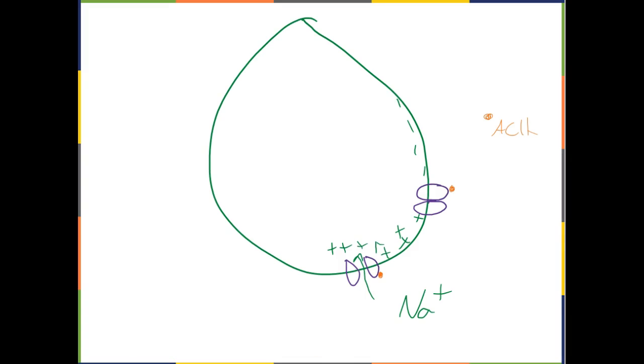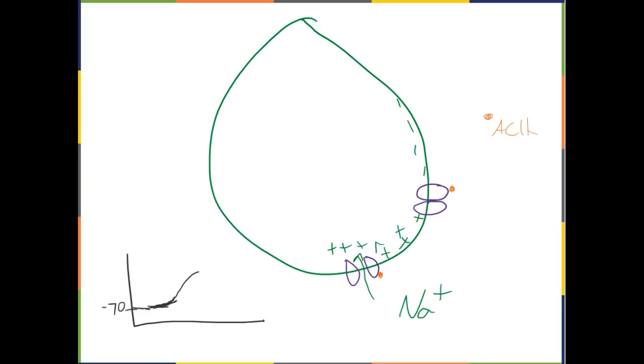So if we go back here, just for fun, I like black when I'm drawing graphs, even though it doesn't really matter what color you are. So here's -70, that's our resting membrane potential. Let me just draw a straight line, it's easier. Then when acetylcholine shows up, sodium rushes in and the membrane slightly depolarizes. Let me just make that continuous.